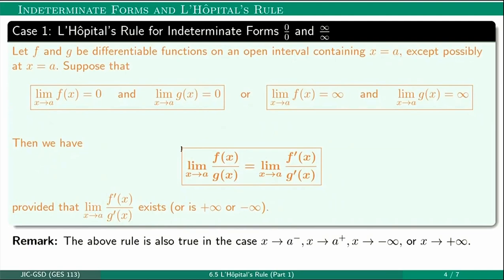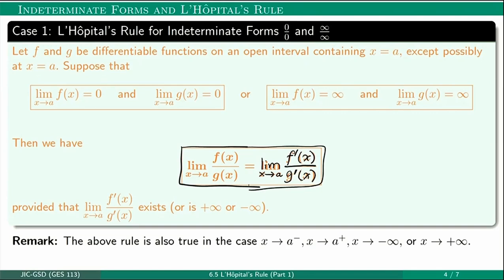So basically, the L'Hopital's rule says that if you're taking the limit of a function f of x over g of x as x approaches a, and initial substitution gives you a 0 over 0 or an infinity over infinity, then what you're going to do is to take the derivative of your numerator divided by the derivative of your denominator, and after taking these derivatives individually, that is the time you're going to take the limit as x approaches a.